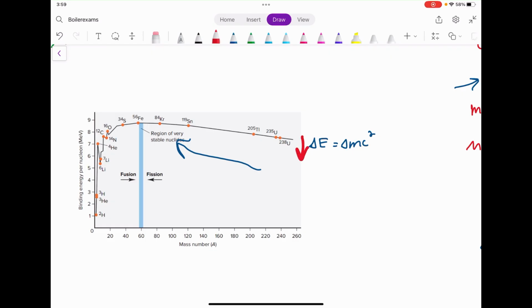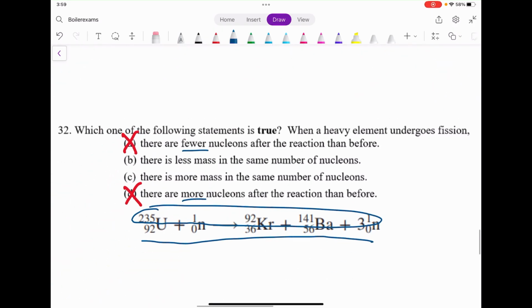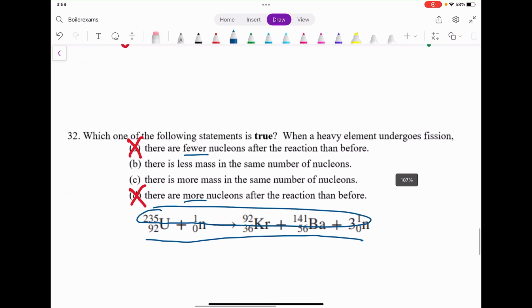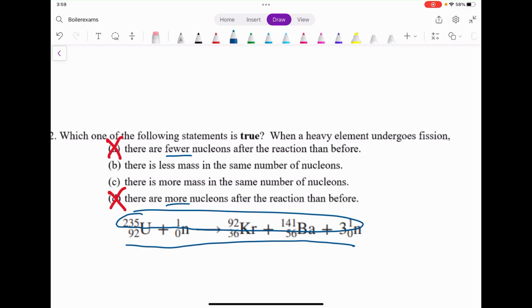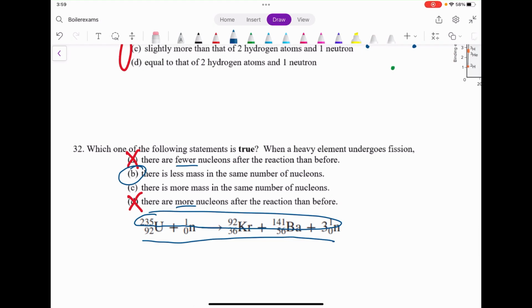So then you're going to have a resulting lowering mass. So in a sense, as you go this direction on the graph, you are going to lower your mass per nucleon. So when you do fission and fusion, there is always going to be less mass in the same number of nucleons for both fission and fusion.